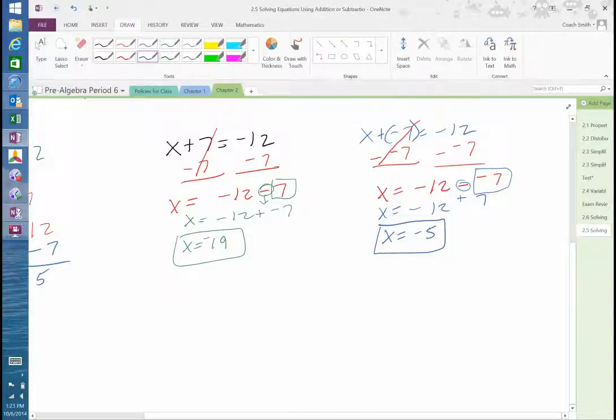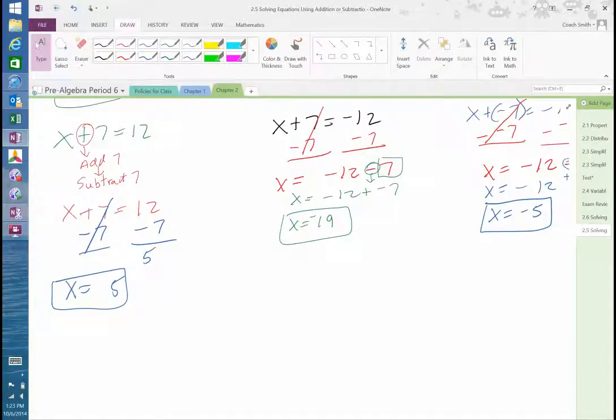So it's the same basic operation in every equation, but making one of the numbers negative or positive ends up affecting the final outcome of how to do it. Now, I could have done the same thing here. x plus 7 equals 12. Subtract 7 from both sides.